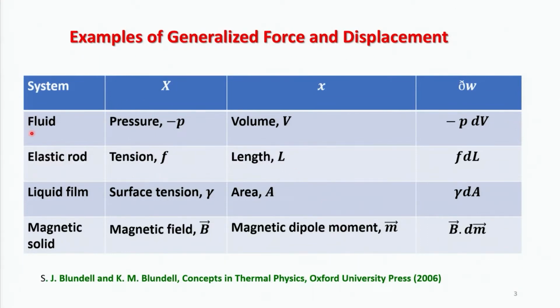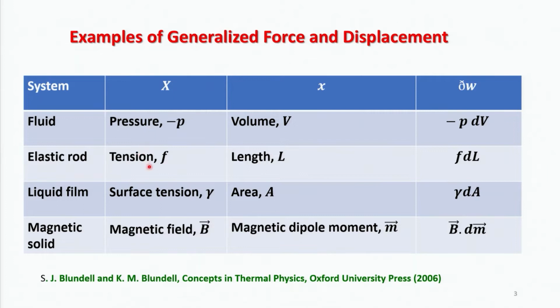The first example, of course, is applicable to fluids, where you have pressure-volume work where dW is given by minus P dV. Now, I have chosen 3 different examples over here which are very far from the fluid. The first example is an elastic rod. Let us consider a thin elastic rod. It may be a metal wire, it may be a thin rubber tube, and I am going to apply a tension F on it, which would result in a change of the length of the rod.